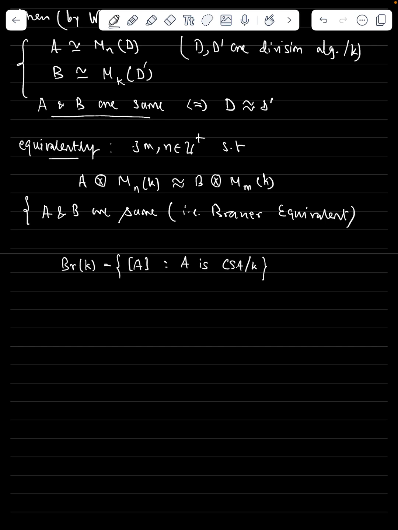And now we want to show that this forms a group under some operation. To find this operation, one can check that the tensor product makes this a group, well defined.